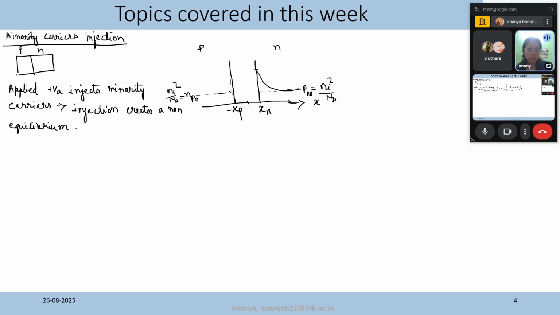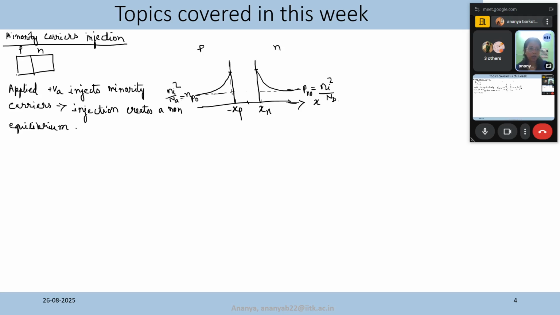We are considering that whatever number of holes were injected from this side to N side, all of those holes reach the edge of the depletion region. This is an important assumption here. These are assumptions, not exactly correct, but for our purpose it's good enough. Similarly, this is our number of injected carriers towards P side, and it decreases exponentially, and finally it matches with the equilibrium concentration.